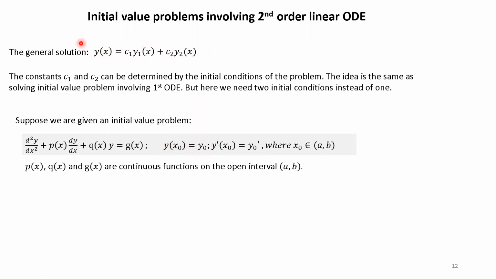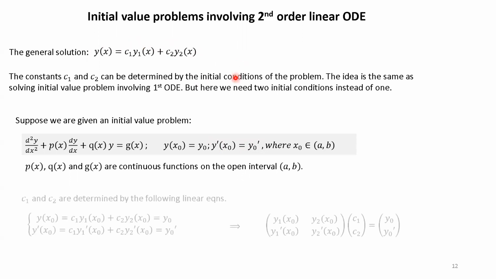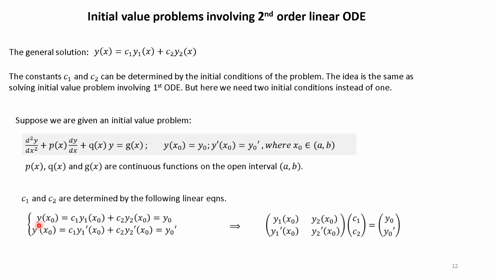You put the value into this solution and you get an equation, and then you put the other condition into the derivative and you get another equation. So I got two equations using these two numbers, and I have two unknown constants. Then of course you can solve for them. It's just two linear equations.